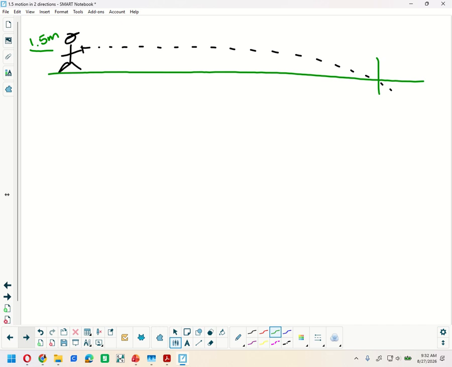And what is this ending height? It's going to be 0, right? What is my delta Y?